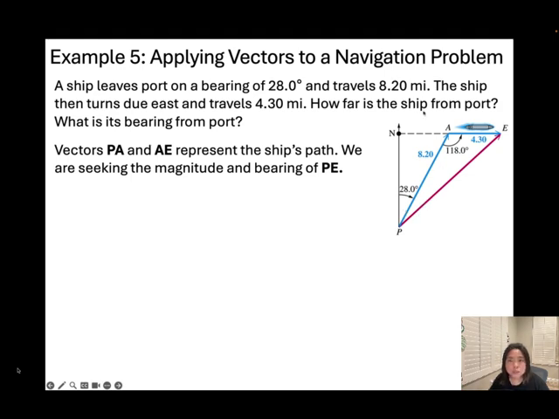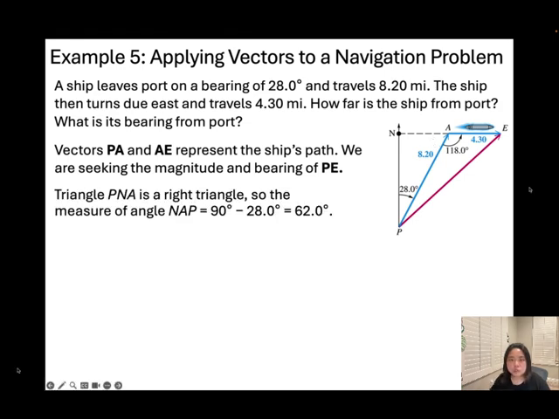First, P and A, this is a right triangle. You know this is a 90 degrees. So we should be able to figure out the angle PAN. I want to find this angle, which is going to be 62 degrees here. And then we're going to find PAE.